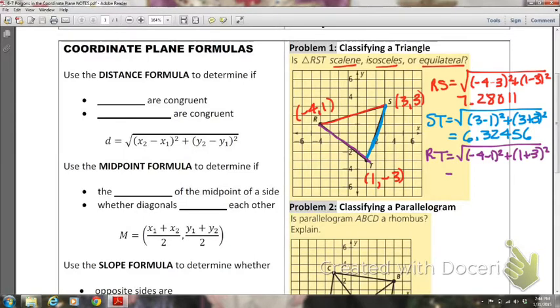Put that into your calculator and you're going to get 6.40312. So none of these sides are equal. That means that it is a scalene triangle.